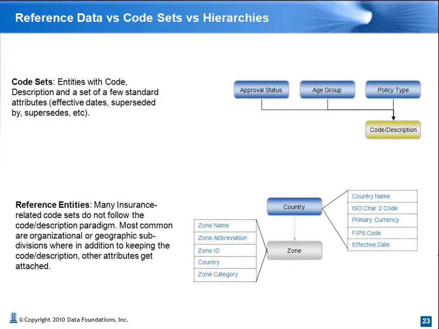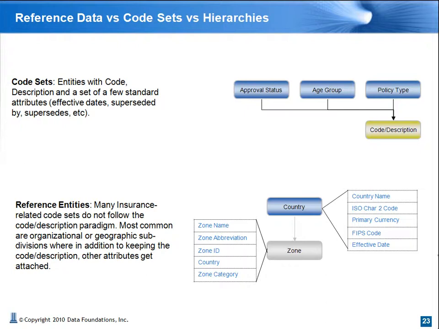But not every insurance organization follows the code set description paradigm, and what we've also often seen are companies utilizing organizational or geographic subdivisions, where in addition to keeping the code description, other attributes are attached.